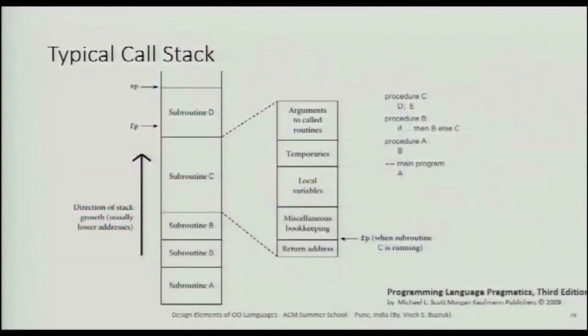Now, before we get into the exception part, let us look at the call stack whenever your function is called. Look at this procedure C calling D and E. The main program calls A, A calls B, B calls itself recursively, or calls C, and C calls D and E. Is it clear?